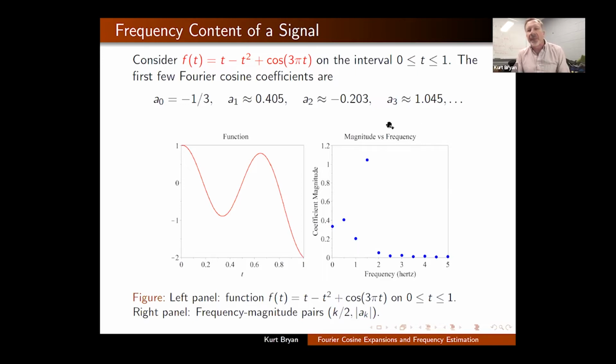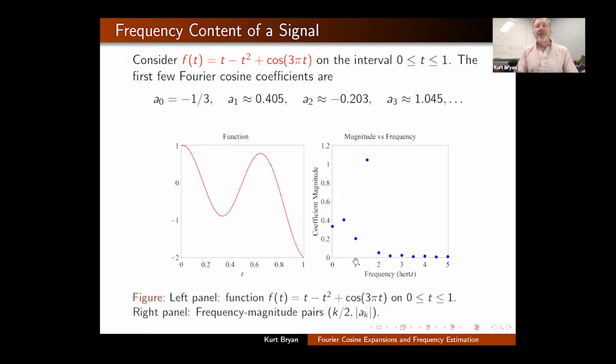So for example, this highest one here, that's A3, it corresponds to 1.5 hertz. And so that's the dominant frequency in this signal. And of course, that corresponds to this cosine 3 pi t term up here. And then the t minus t squared contributes a little bit of garbage here. And you see that from 2.5 hertz on up, there's essentially no such frequencies in this signal.